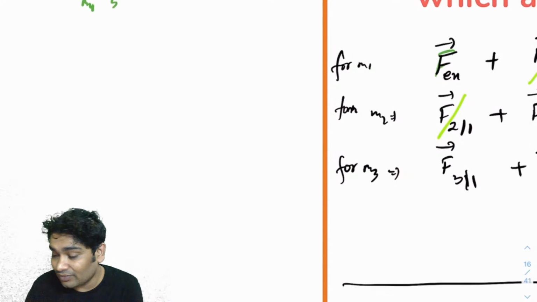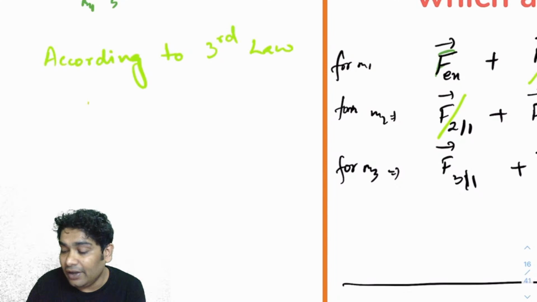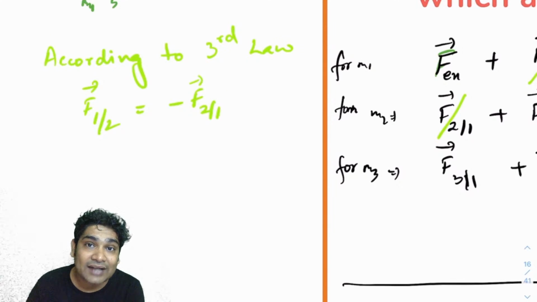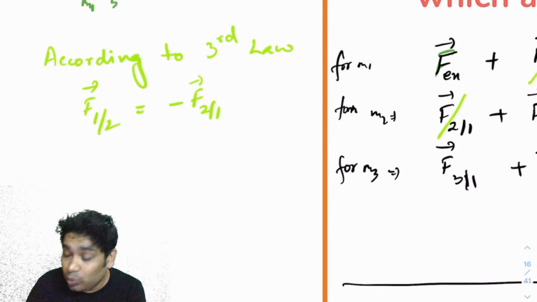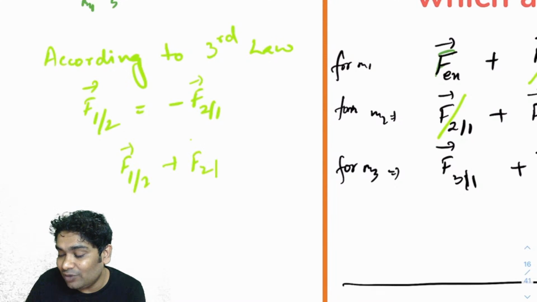According to the third law, F on 1 due to 2 should be equal to minus F on 2 due to 1. These are action and reaction pairs, which means that F on 1 due to 2 plus F on 2 due to 1 would be 0.